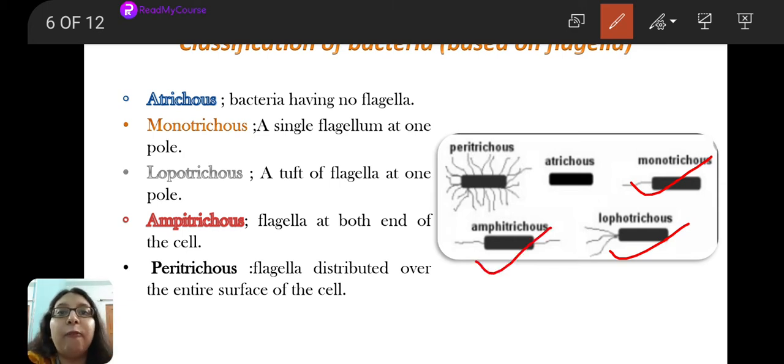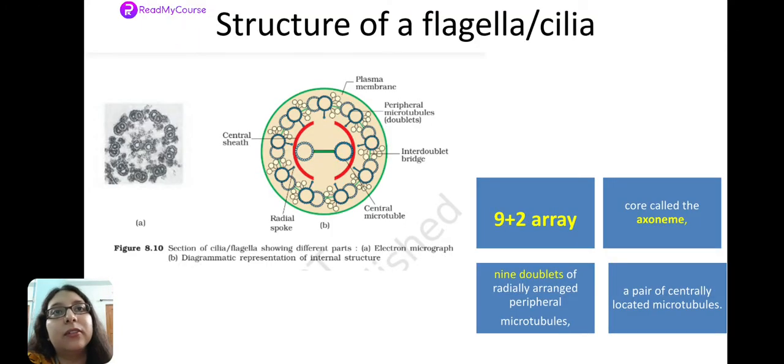Okay. Then we have Peritrichous. That is, the flagella is distributed throughout the entire surface of the cell. This is the example of a peritrichous organism, right? So we have Atrichous, Monotrichous, Lophotrichous, Amphitrichous, and Peritrichous. Okay. Next, moving to the next slide.